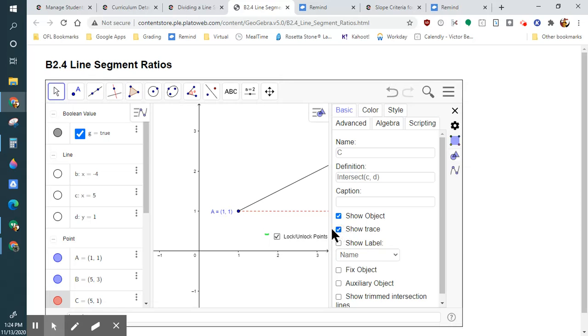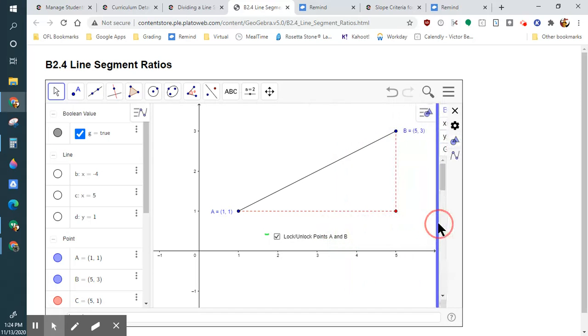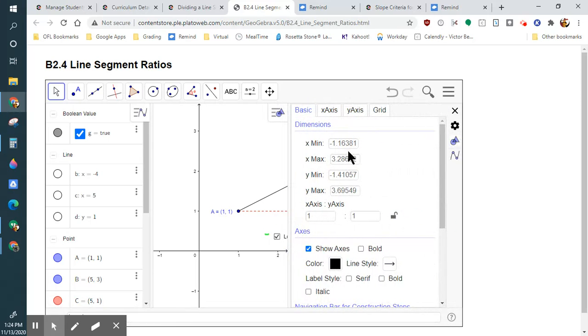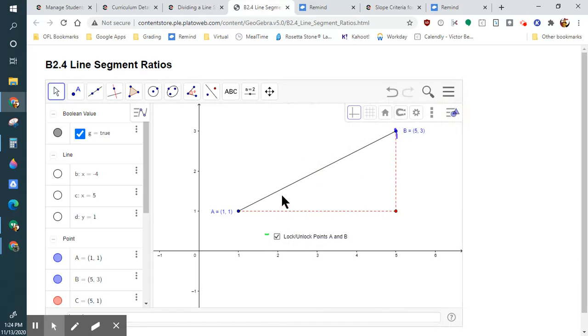Show trace. That doesn't do it. Okay, I guess we can't label it. Well, just remember it's 5, 1. That makes sense because this is 5. Our y value stays the same. So this right here has to be 5, 1. So I'm going to go ahead and write that in myself. So our y value is 5.